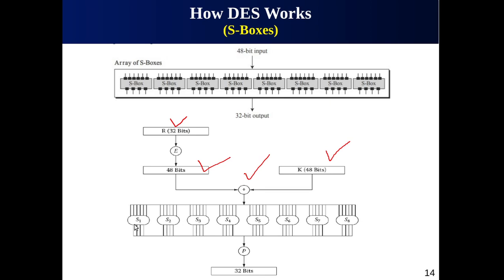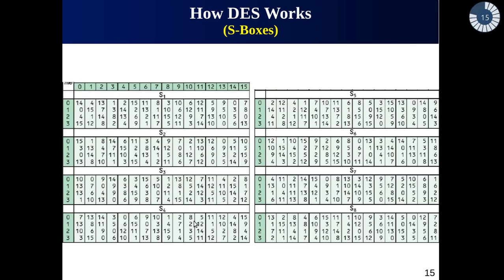Each S box contains 64 entries: 64 here, 64 here, 64 here. They are typically represented by tables. This is S1, S box 1, then S box 2, 3, 4, 5, 6, 7, 8, and each table contains 64 entries.